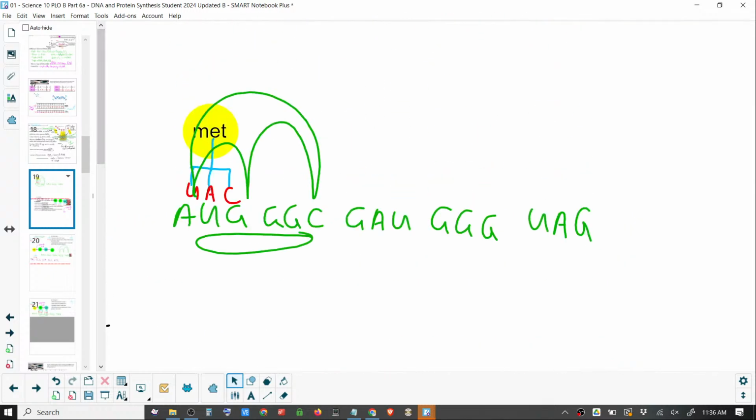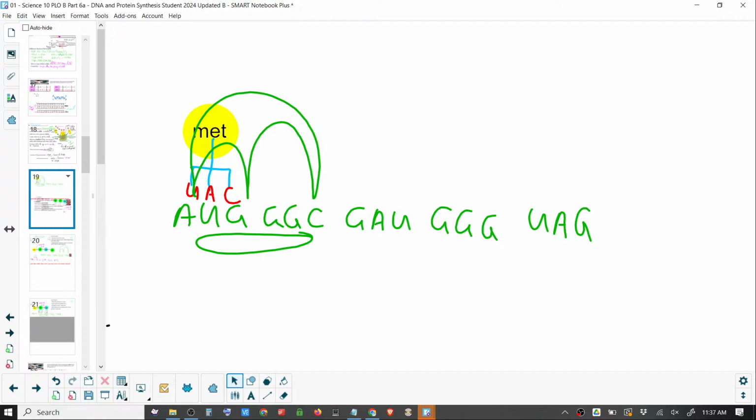And what amino acid should be attached to CCG? There's a pattern to the table. First base here, second base along there.